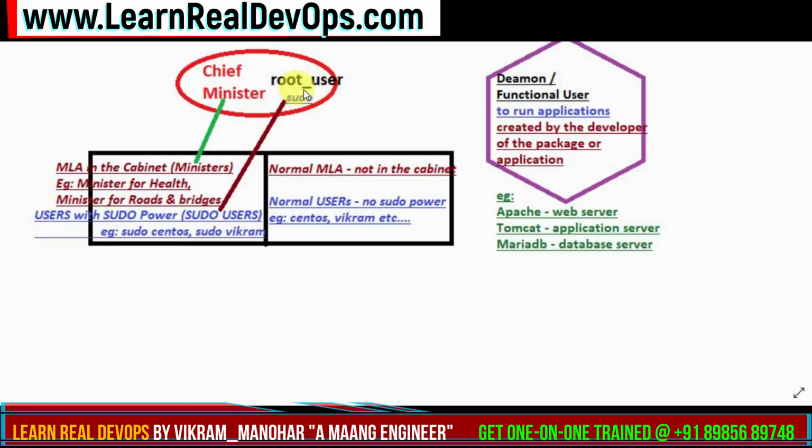Only the root user, or any user for whom sudo power is allotted. If the CentOS user has sudo power, he will have the right to install applications. If the Vikram user has sudo rights, he will have permission to install applications. But a normal user cannot do admin level activities like installing, uninstalling, and updating applications.